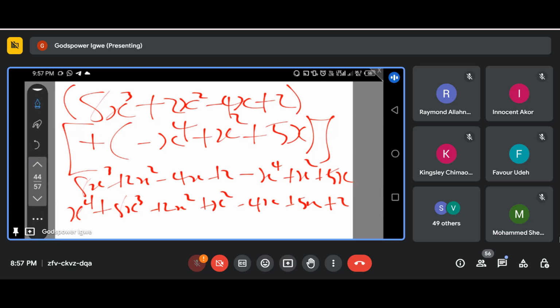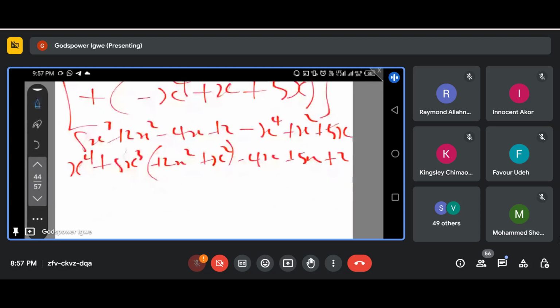So if we check that now, this will give us minus 12 minus x, which is going to give us minus 11x squared. Then also plus 5 minus 4 is going to give us only 1x.